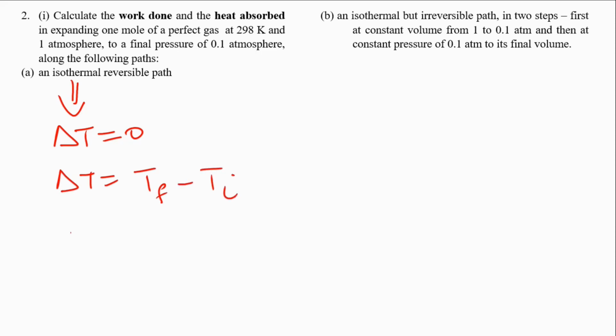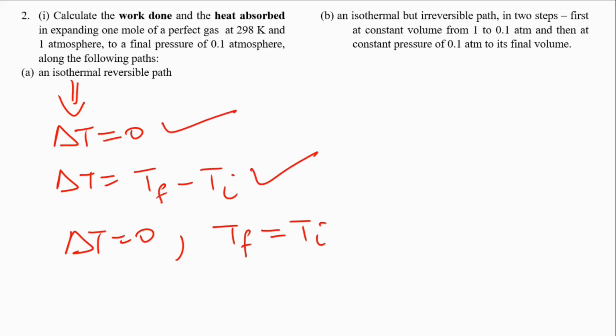Therefore, if delta T is equal to 0, it must mean that T final is equal to T initial, such that when you carry out this operation, you end up with 0. That's what isothermal is. It's constant temperature. We are not saying that the temperature is 0. We are saying that there is no change in the temperature.